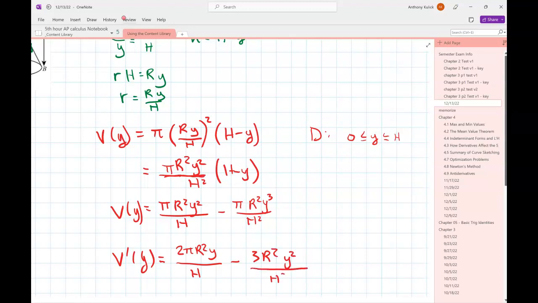Y squared, though, right? There's no like dy dt. Oh, sorry, I just forgot to write it down. Thank you. No, because I'm differentiating with respect to y, and the r and the cap R and cap H are constants, so they don't create a differential. Because I took the derivative of it, the derivative of y cubed is 3y squared.